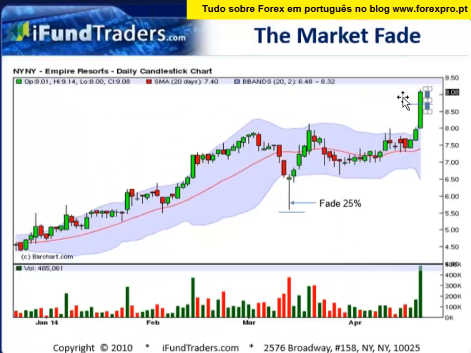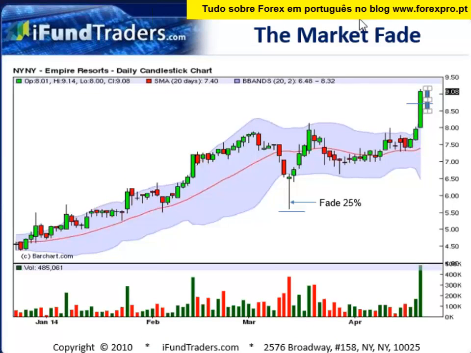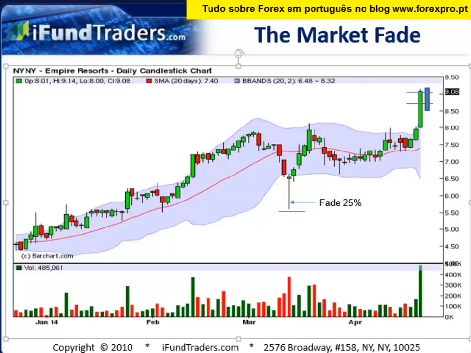We would go short with a stop above the high. And look, you're only risking this. Even if you're wrong, the loss is just negligible.